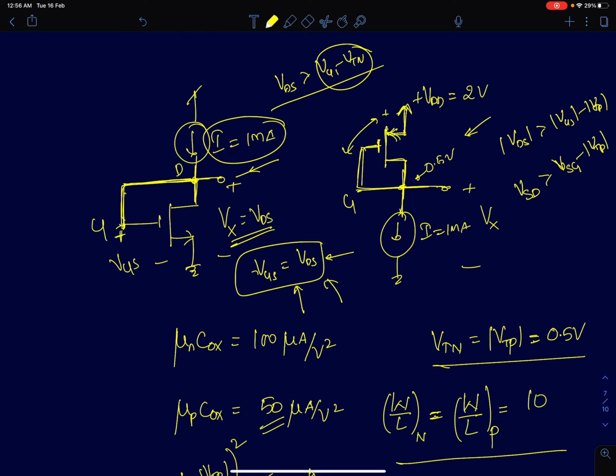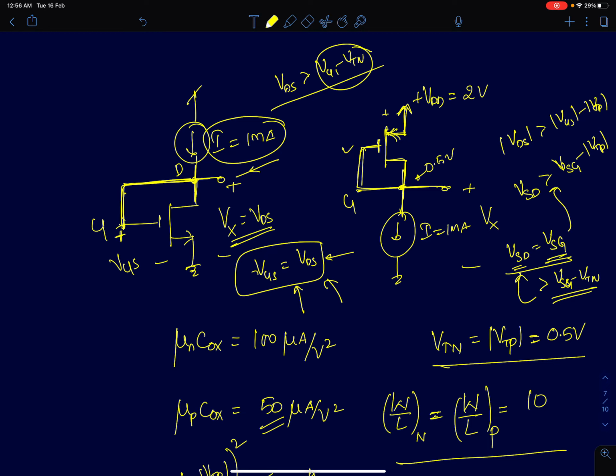Gate and drain are short circuited, so VSD equals VSG. This condition will be easily satisfied, because VSD equal to VSG will obviously be greater than VSG minus VT. If you subtract a VT out, the value is going to be smaller. Therefore this device is also in saturation.